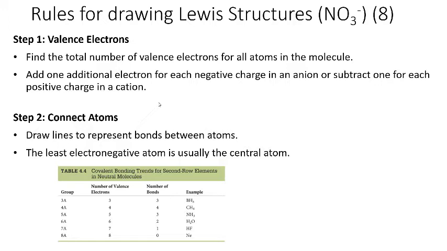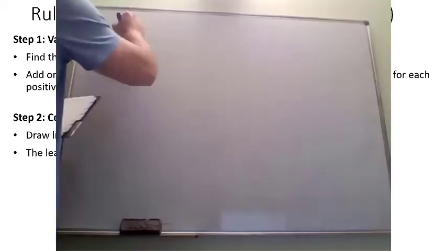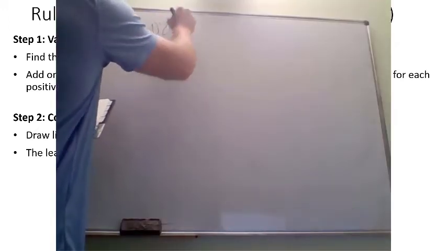Step 1, valence electrons. So we need to find the total number of valence electrons for all of the atoms in the molecule. Okay, and then add 1 additional electron for each negative charge in an anion, or subtract 1 electron for each positive charge in a cation. Okay, so we have step 1, we have NO3 minus.